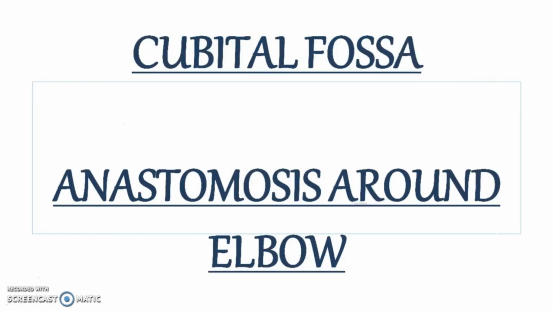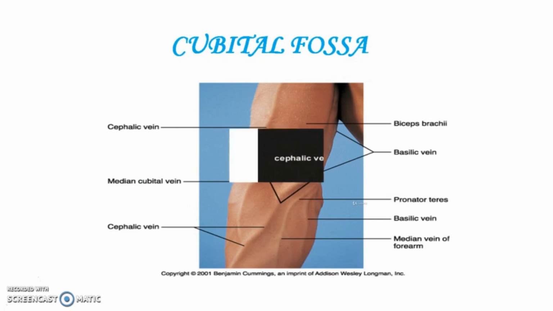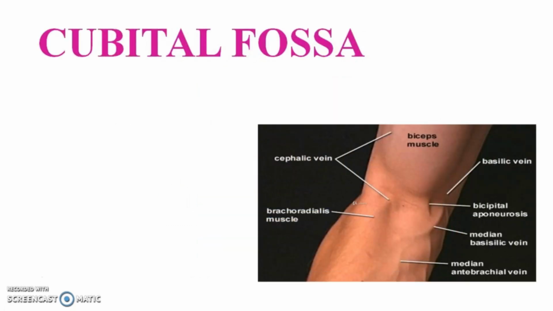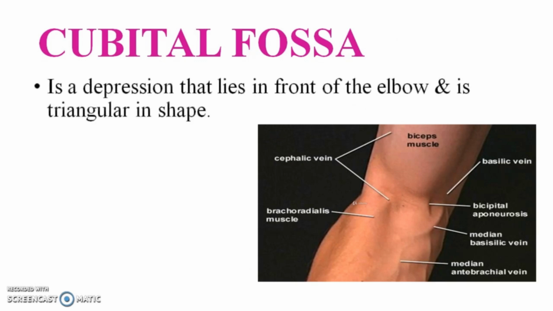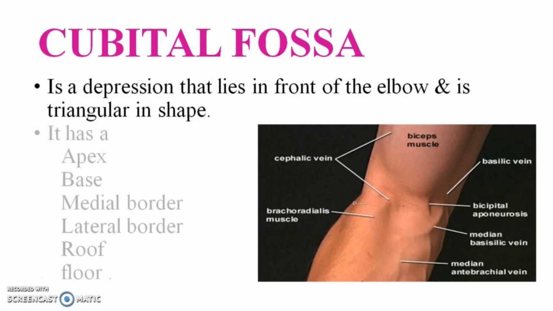And now, talking about cubital fossa boundaries and contents. The cubital fossa, as I said before, is a depression that lies in front of the elbow and is triangular in shape. As it is triangular in shape, obviously it will have parts such as apex, base, medial border, lateral border, roof and floor.